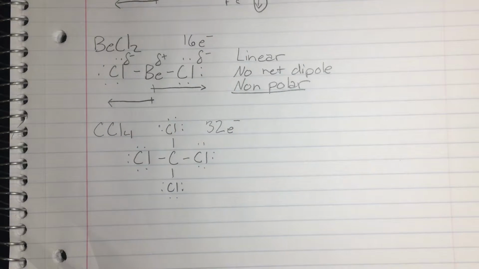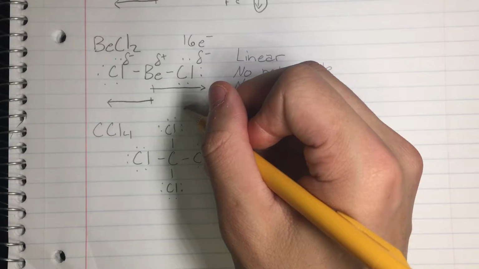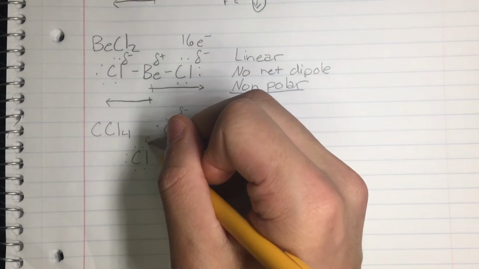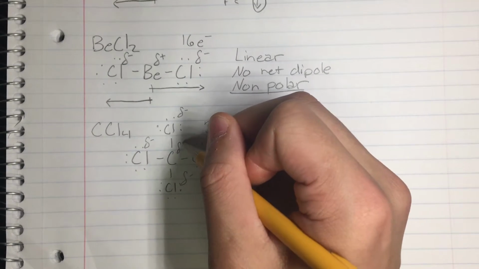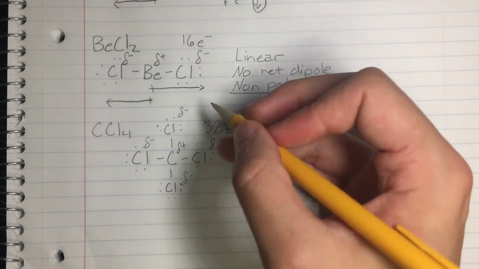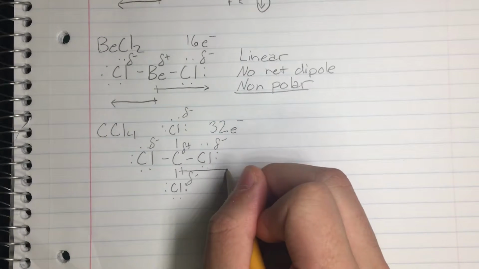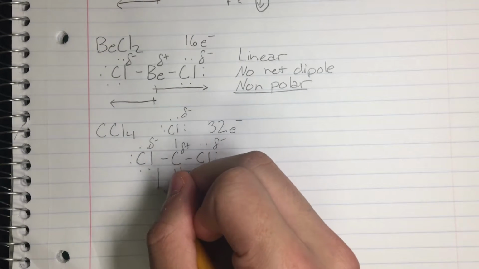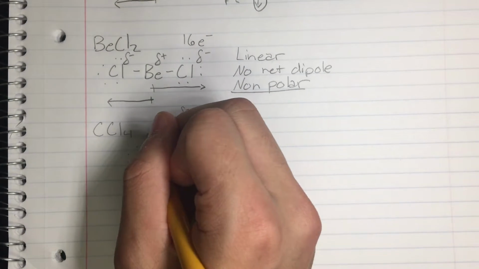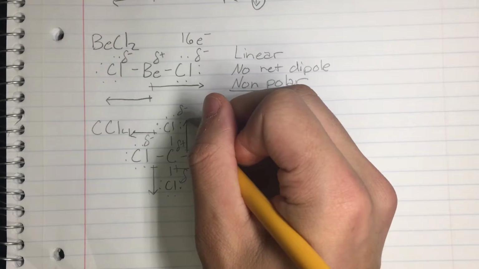There are all the electrons accounted for, and Cl is more electronegative than C, so it is slightly negative, with C being slightly positive. And now we need to draw the dipoles for each pair. So from here to here goes this way, here to here goes this way, here to here it'll go this way, here to here will go this way.